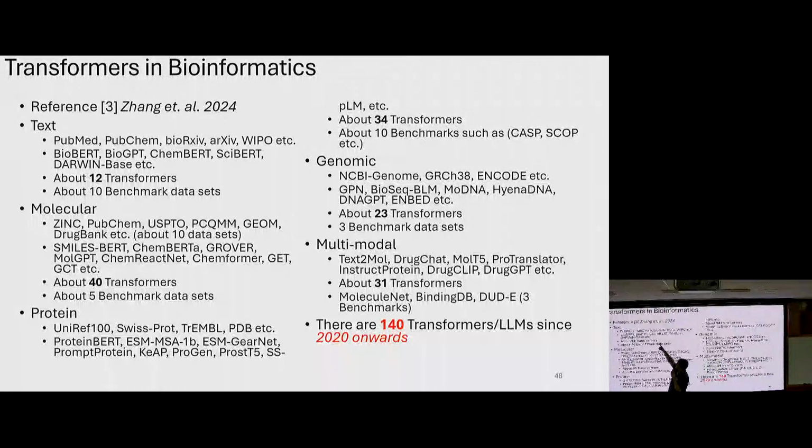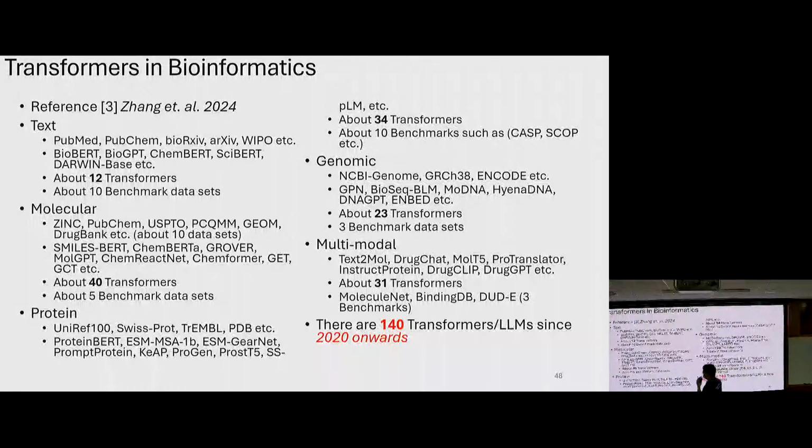There are about 12 transformers related to text, 12 types of architectures with variations in that. For molecular data, the type of data on which it was trained was Zinc, PubChem, USPTO patent, right? It's a patent database. Then GEOM, DrugBank, and others. There are 40 transformers trained on that type of data.